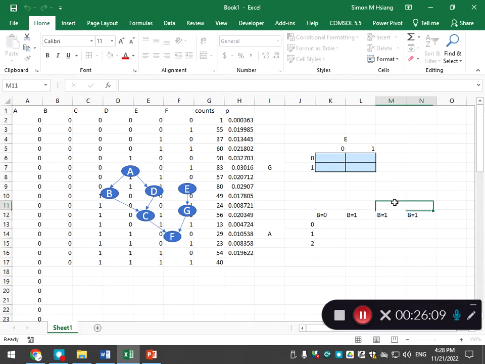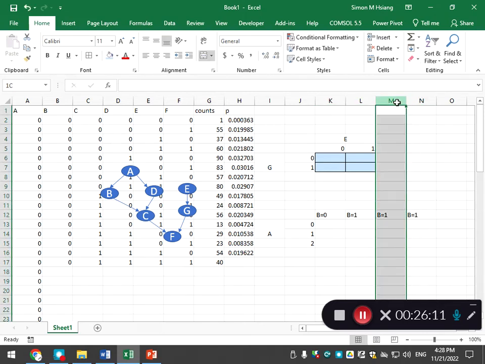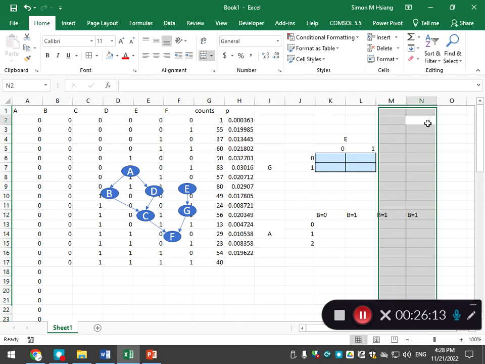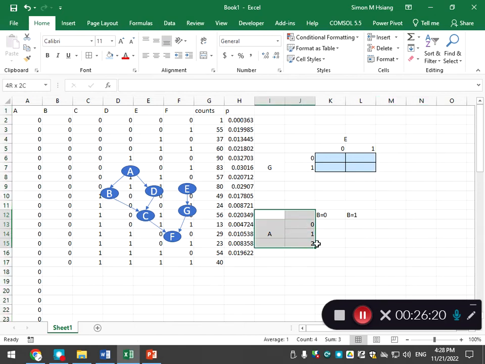Too quick. You guys don't need to know that. We just build a table here. Can I build a table if A is 0, 1, 2? What will happen to B? Can I do that?